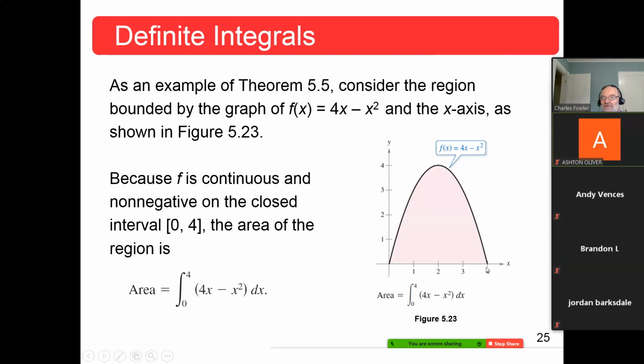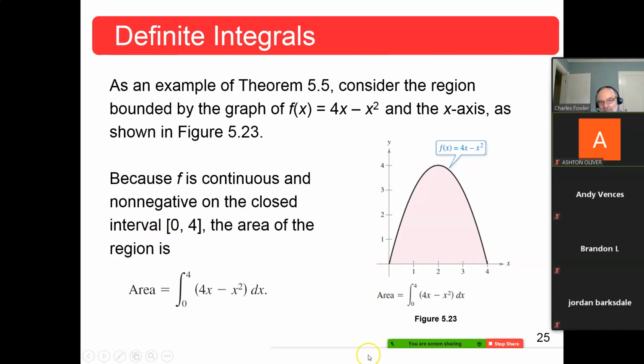So that's one of the first things we will do if we're talking about the area under a curve, the non-negative part of a function. We'll have to find those zeros and then find out if this area here is what we're talking about, and that is. Okay? Because f is continuous and non-negative only on this interval from 0 to 4.